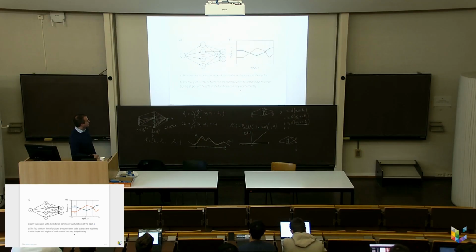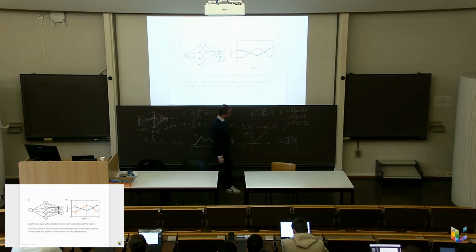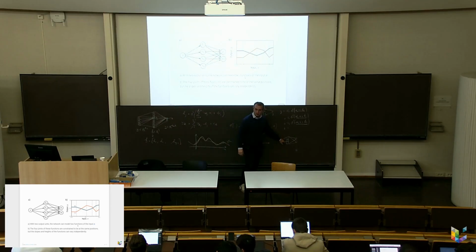So if we do that, then it means that with 2 output units, the network will be able to model 2 functions at once. One corresponding to its first output and the other for its second output. But these 2 functions will be related to one another, even though they will be different, because they are sharing the same hidden units.